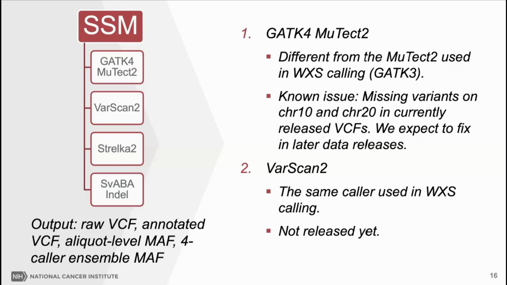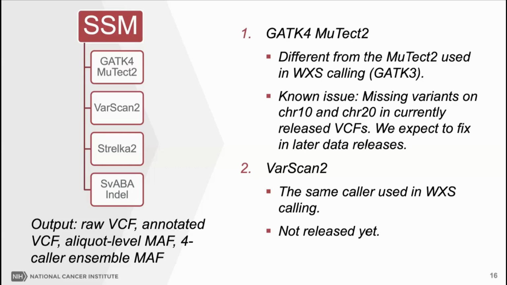For those four pipelines, the first one is GATK4 MuTect2. This is a newer version than the one we use in the whole exome calling, which is GATK3. Some of the MuTect2 results have already been released in the GDC portal. However, we recently identified a data integrity issue.